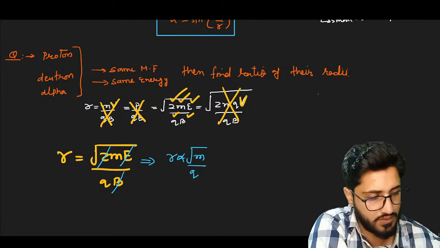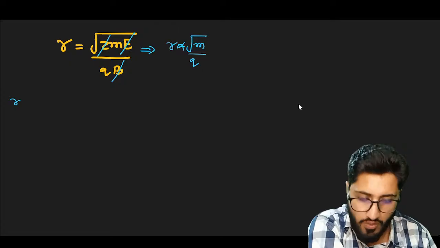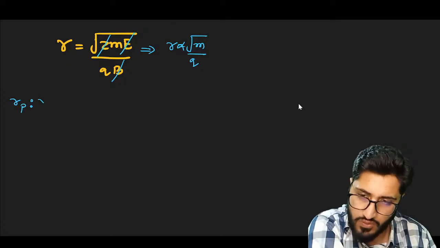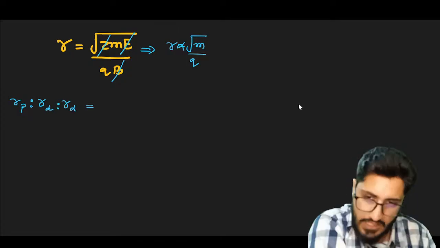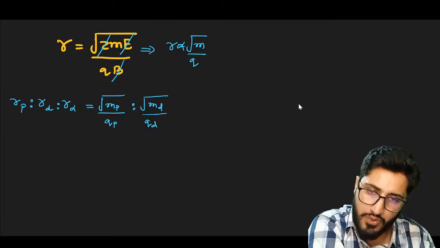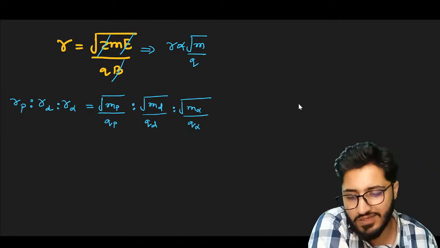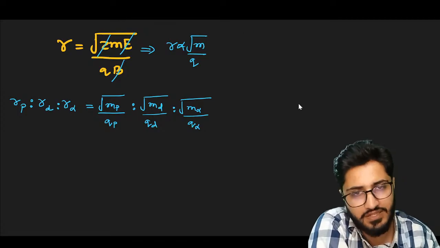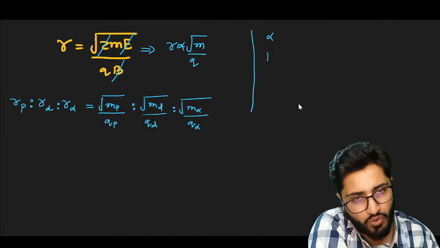Then I will write the radius of proton is to radius of deuteron is to radius of alpha particle equals under root of mass of proton divided by charge of proton, is to under root of mass of deuteron divided by charge of deuteron, is to root of mass of alpha particle divided by charge of alpha particle. I know that you don't have many things, so I will just write here alpha particle, proton and deuteron.